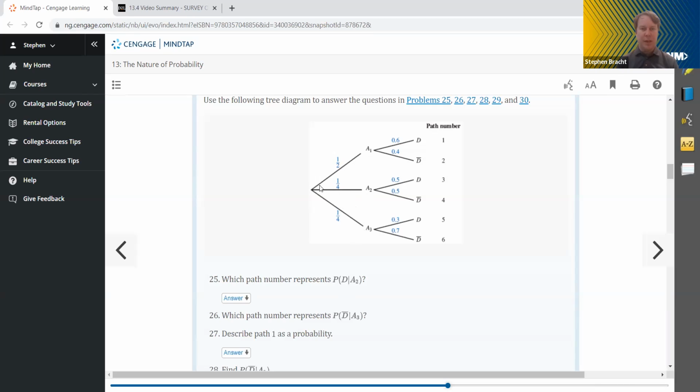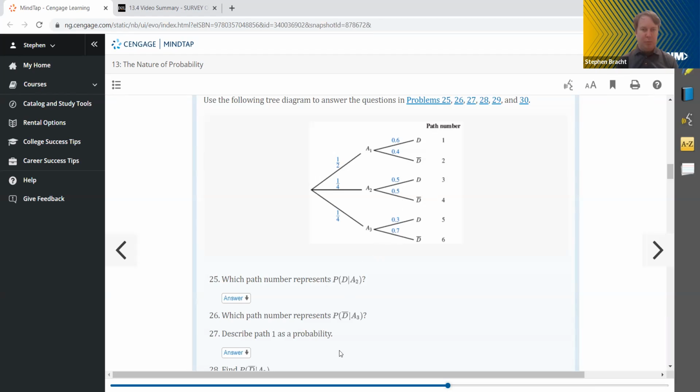So we're saying that A2 has occurred. What's the probability that D occurs? That's going to be this branch here, the branch labeled D corresponding to A2. Which path number represents that? Well, it's going to be the second branch of path 3. It looks like that probability would be 0.5, but it just says which path number. It would be path 3.